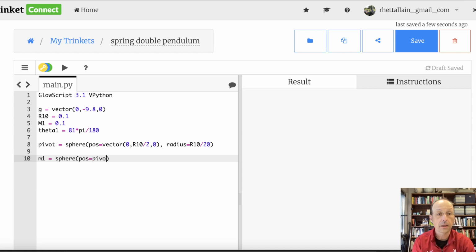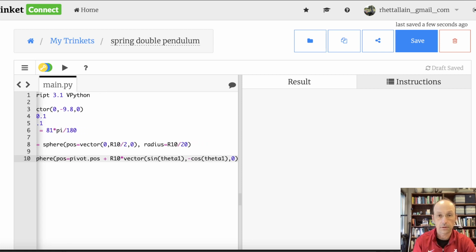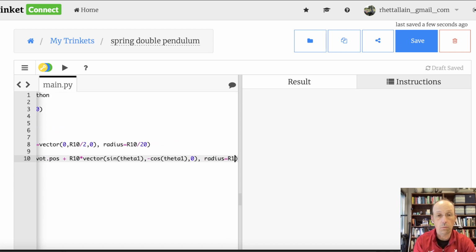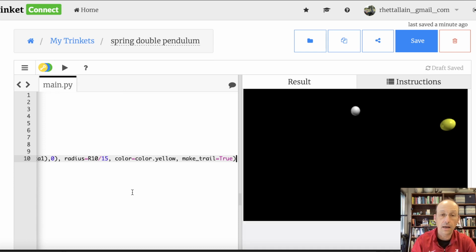So the position is going to be the position of the pivot, pivot.pos, plus R10 times vector sine theta 1, negative cosine theta 1, 0. And now I need to give it a size. Let's make it a little bit bigger. Radius equals R10 divided by 15. Color is yellow. Make trail equals true and run it. Okay, that seems fine.